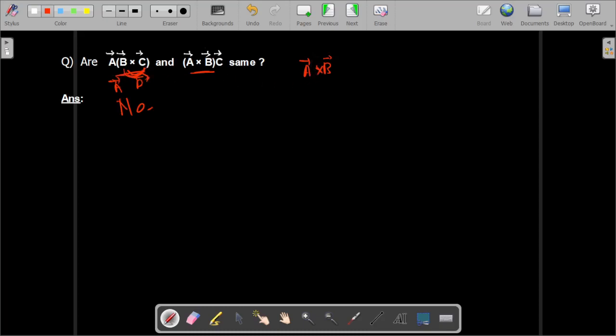So this whole expression is meaningless. This A cross B and B cross C are themselves not equal, and additionally these whole expressions are meaningless. Therefore, they are not the same. Or you can say that it is a meaningless expression. Understood?